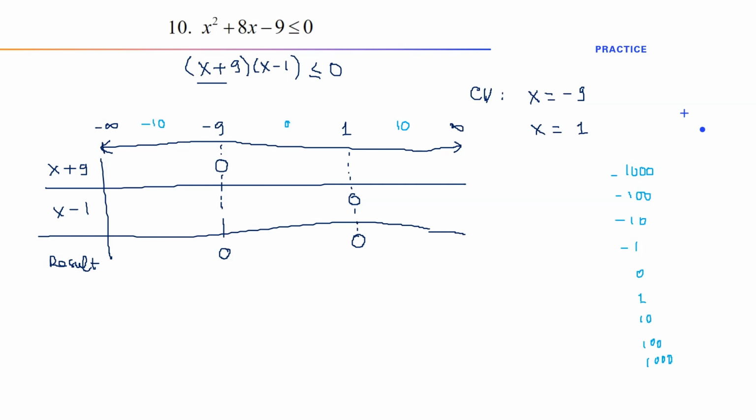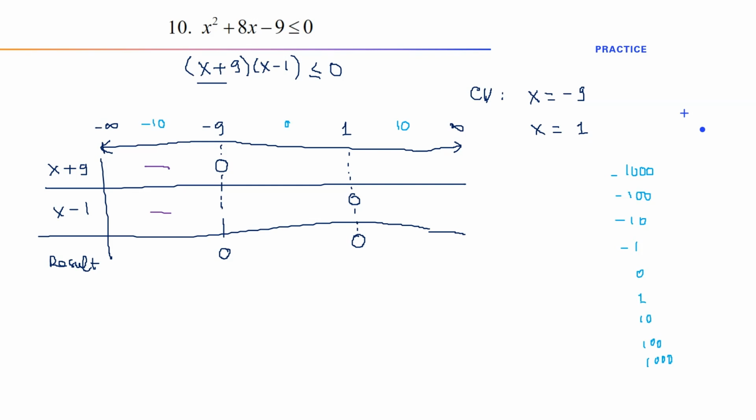Alright, so now to check the sign. For the sign, I don't care about the value, just the sign it makes. So if x equals negative 10, then x plus 9 is a negative number. For x minus 1 with x equal negative 10, I get a more negative number.